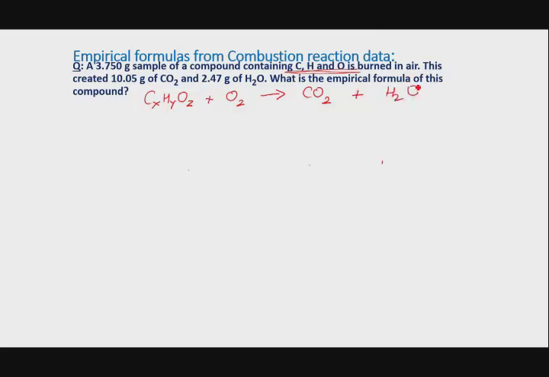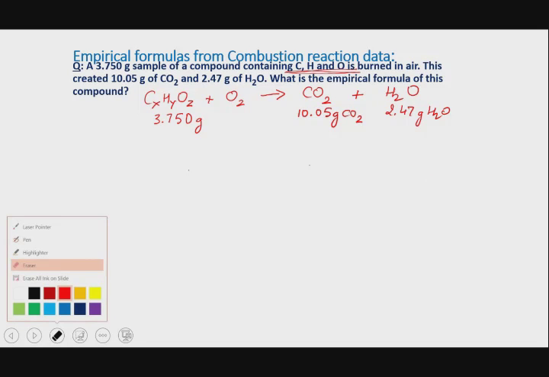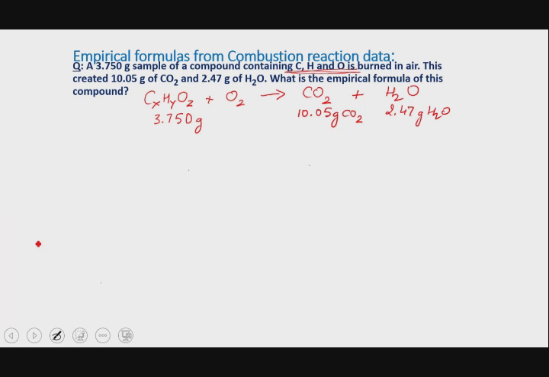The data given tells us that when 3.750 grams of the compound was burned, it led to the formation of 10.05 grams of CO2 and 2.47 grams of H2O. And we need to determine the empirical formula of this compound. So once again, please remember that the empirical formula subscripts give us the lowest whole number ratio of moles of all the elements. In other words, in this case, we need to figure out moles of carbon, moles of hydrogen, and moles of oxygen. And that's the tricky part.